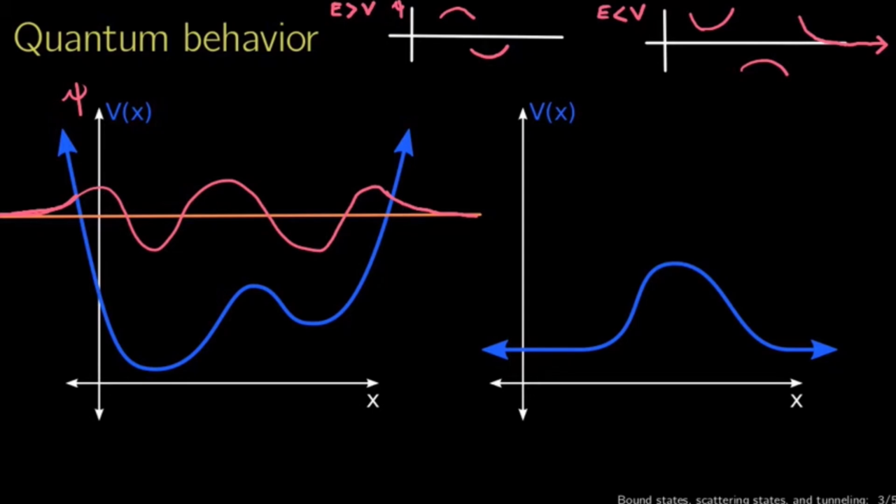Now, I haven't tried to make this a rigorous solution, but this is what your wave function might look like. What that means is that the allowed region, the region where we'll find the particle, is the region where we have some wave function that is non-zero. And we have wave function that's non-zero even beyond the classical turning points. So our classical allowed region would be in between these two turning points.